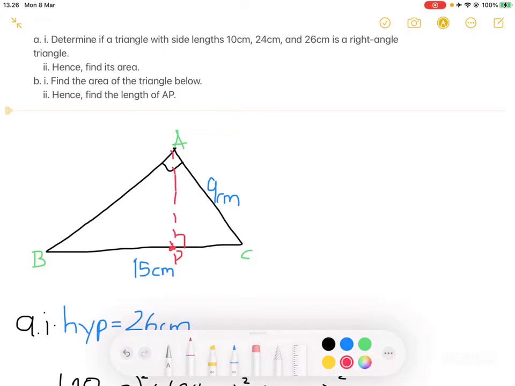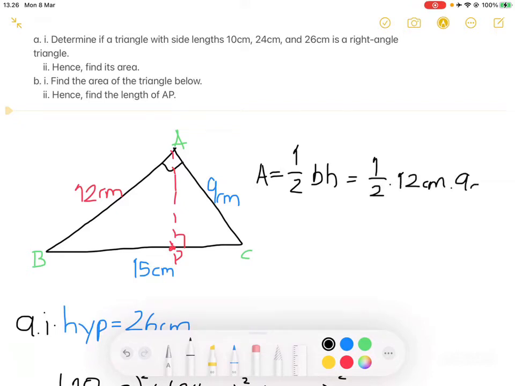You get that this side length will be 12 centimeters. And when we have 12 centimeters, we can calculate the area. This is a half times 12 centimeters times 9 centimeters, which equals 54 centimeters squared.